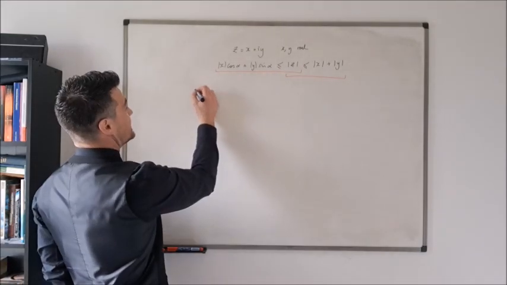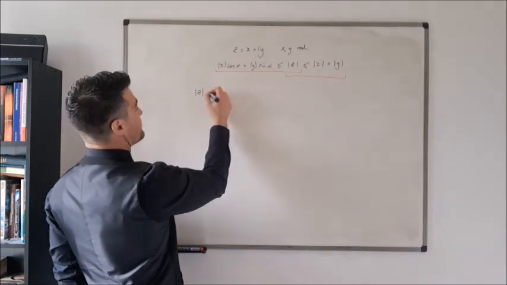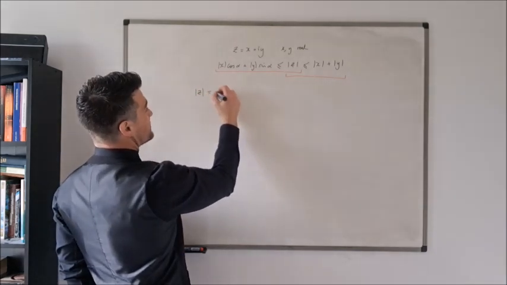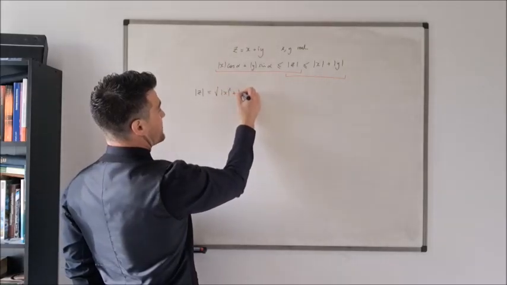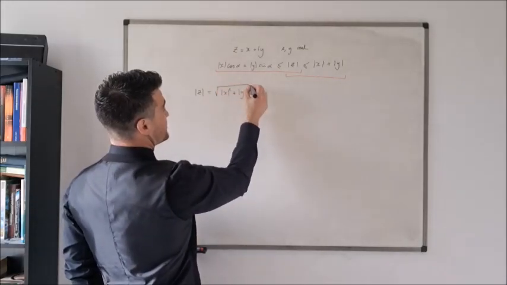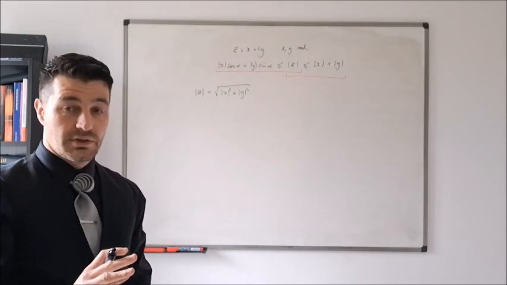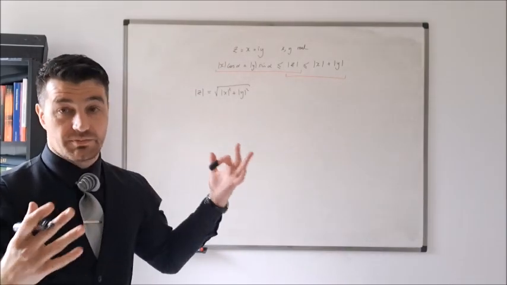I don't know how, but okay, we've got the modulus of z, which is equal to the square root of modulus of x squared plus modulus of y squared. This is just the definition of the modulus of a complex number.